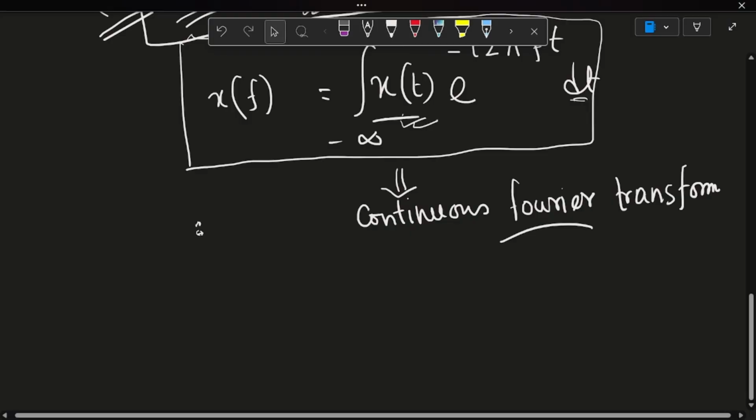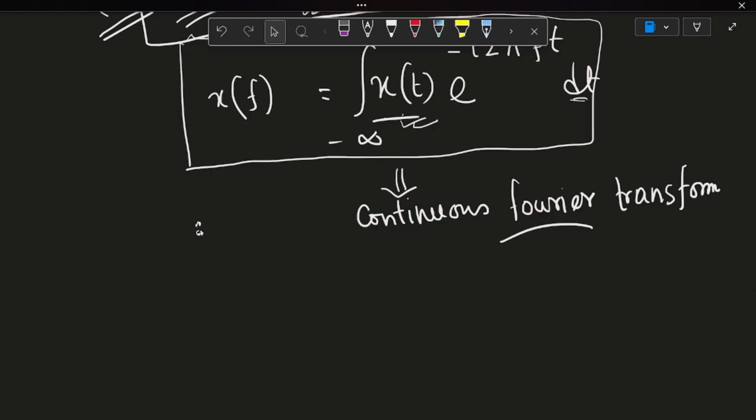Whenever you want to compute the Fourier transform in programming, it is always essential to compute the discrete Fourier transform, because continuous Fourier transform or a continuous process of taking data is not possible in the real world. But okay, let me show you how you can calculate the Fourier transform of any function.